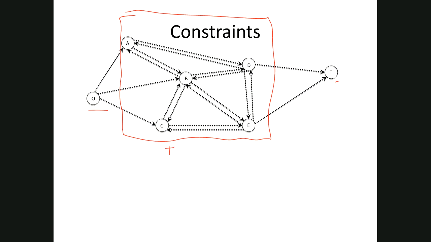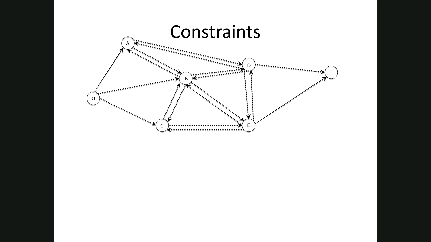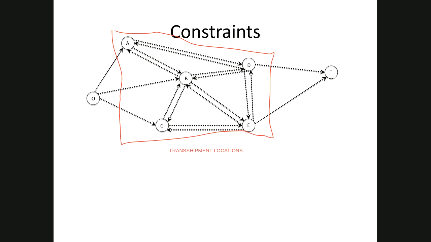Let me erase this and start over. In fact, A, B, C, D, E, these are our transshipment nodes, locations. And you might already anticipate O is our origin, where we start our supply, and T is our terminal, where we have demand.